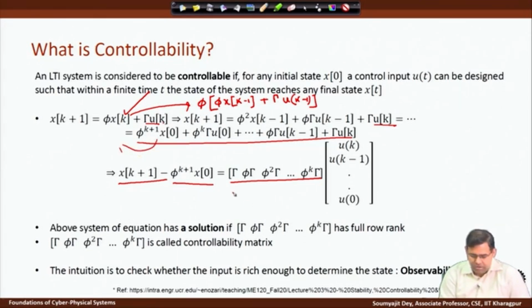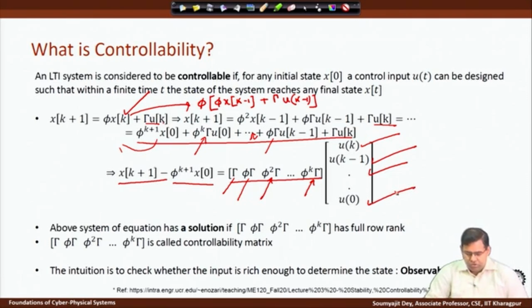So, what remains is, if you look from this side, you have gamma u k, then phi gamma u k minus 1. Similarly, the previous term would be phi square gamma u k minus 2. In this way, at the last you will have phi to the power k gamma u naught, right.